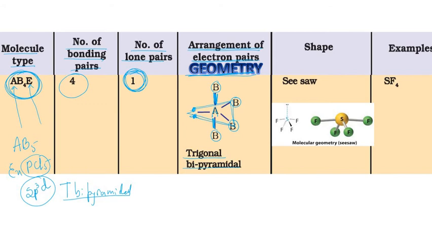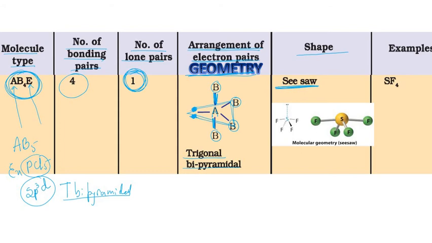But because of the presence of one lone pair, the shape of the molecule undergoes distortion, and it is called seesaw. This lone pair has occupied the equatorial position.